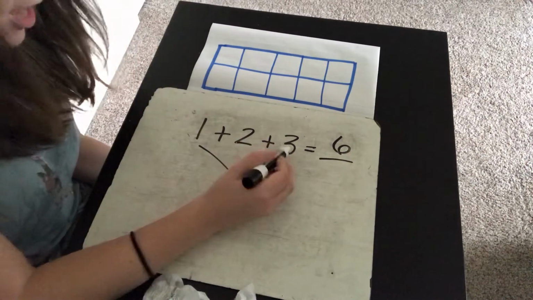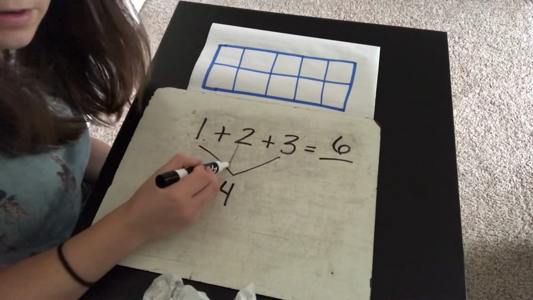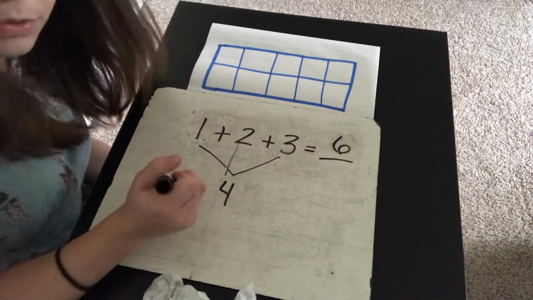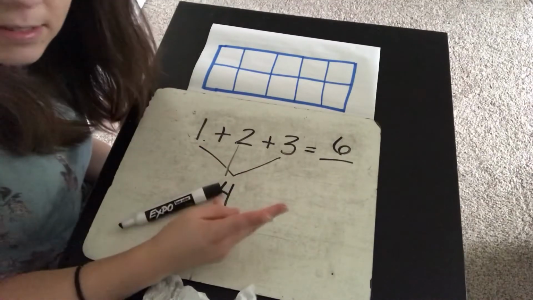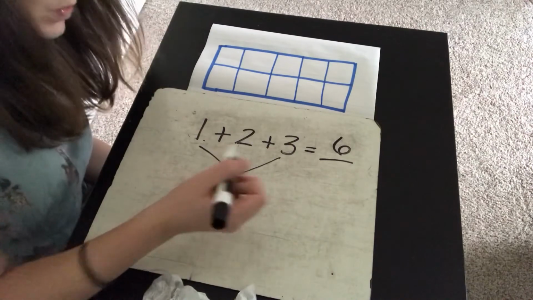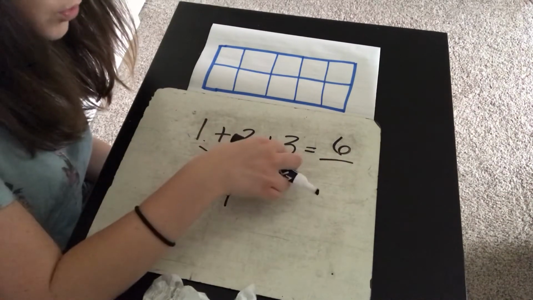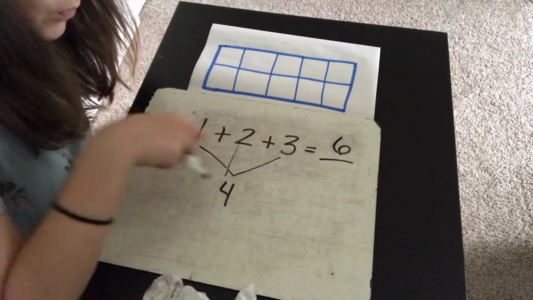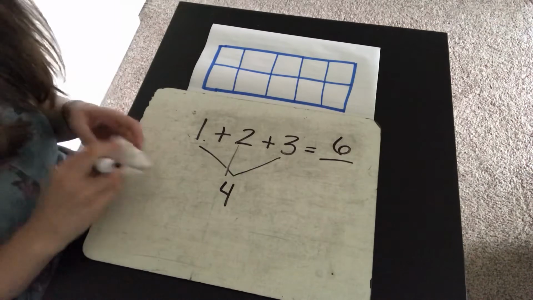Okay, and then since we added these 2 add-ins together already, we just have this one left to add. What is 4 plus 2? 4, 5, 6. So again, we got the same answer. No matter how you start adding your multiple term add-ins together, you should still get the same sum.